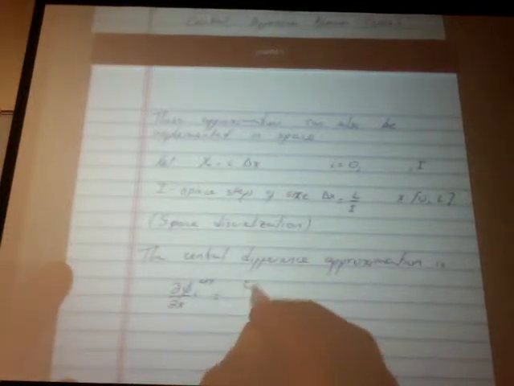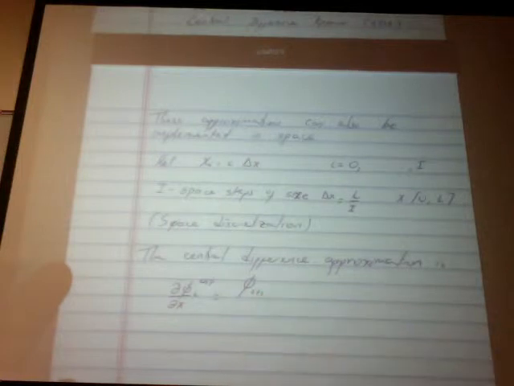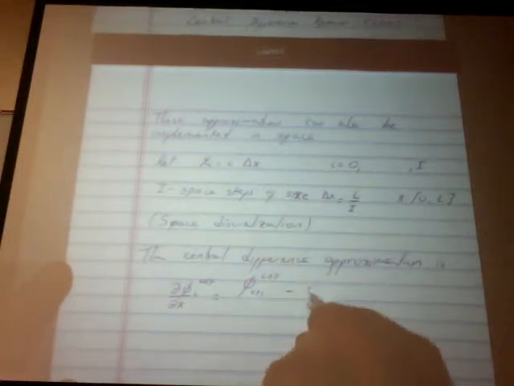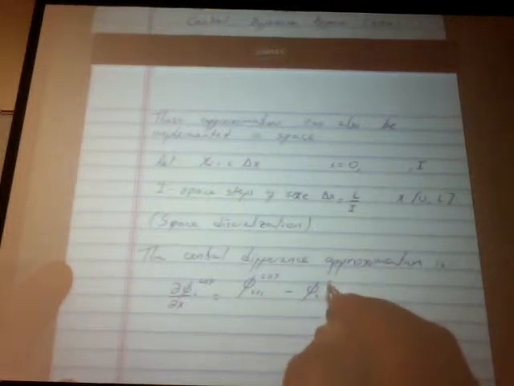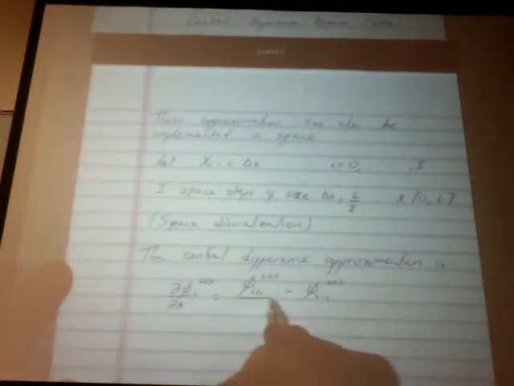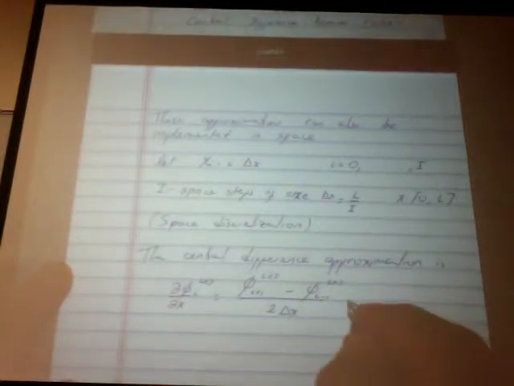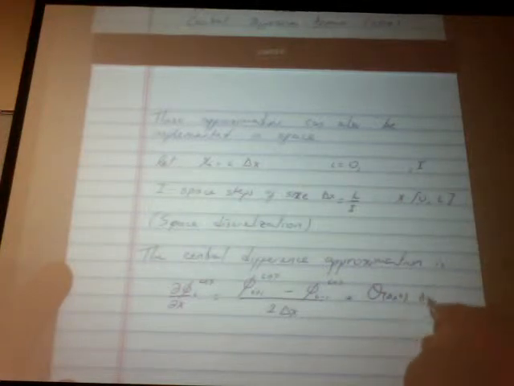Now we have two things to worry about, space and time, and we have two discretizations, I representing space, n representing time. It would be: what's going on with the variable right of point I at the same time level, minus the value of the variable left of point I, divided by 2 delta x. And as you can expect, this is order delta x squared accurate.